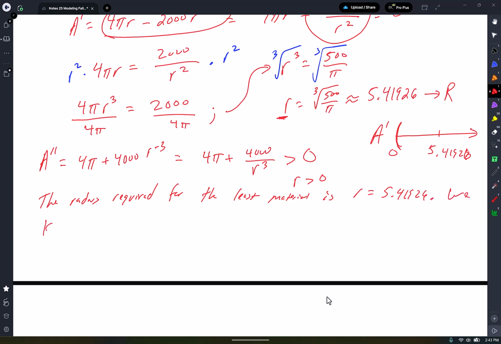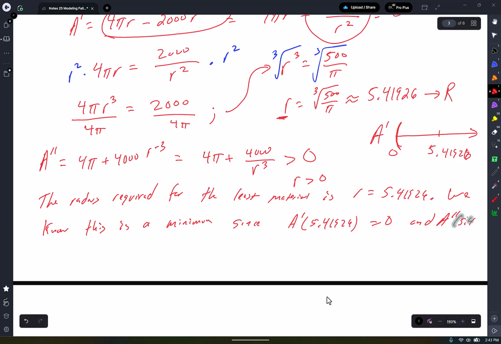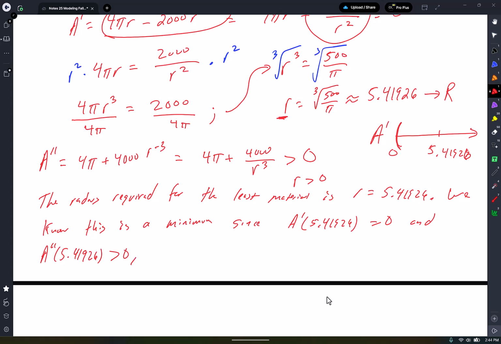We know this is a minimum since A prime of 5.41926 is 0, and A prime prime at 5.41926, I'll write this on the next line because I can't fit it right there, and A prime prime of 5.41926 is positive.